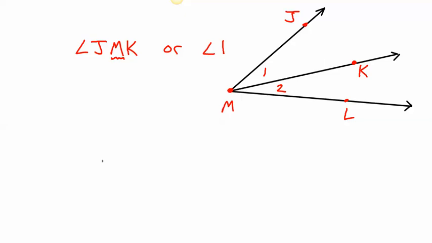Another angle in that diagram is angle KML, or angle 2. The third angle in that diagram is angle JML.